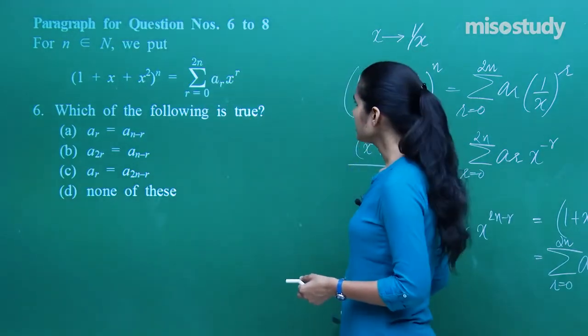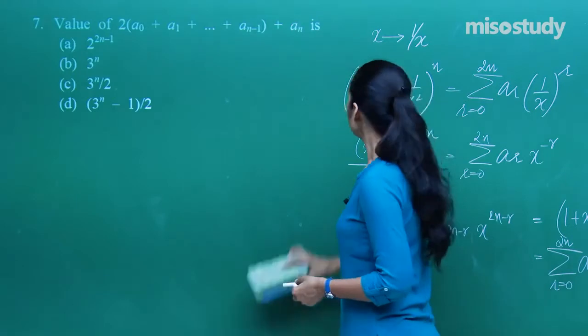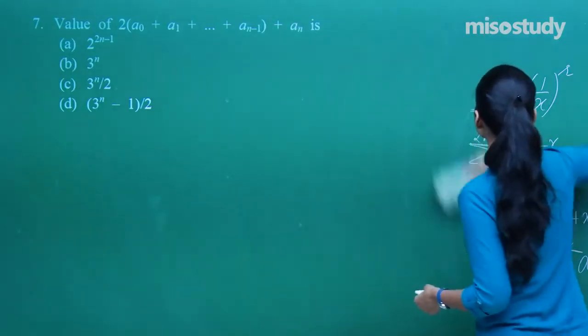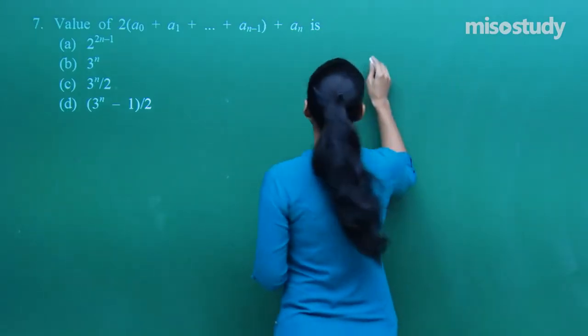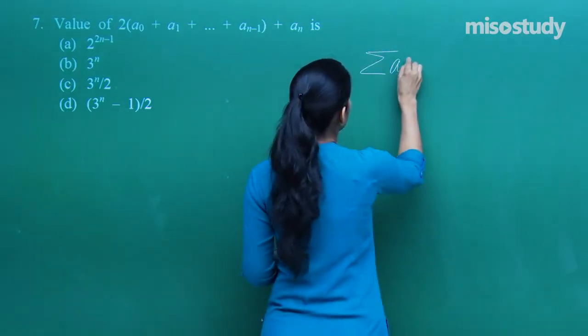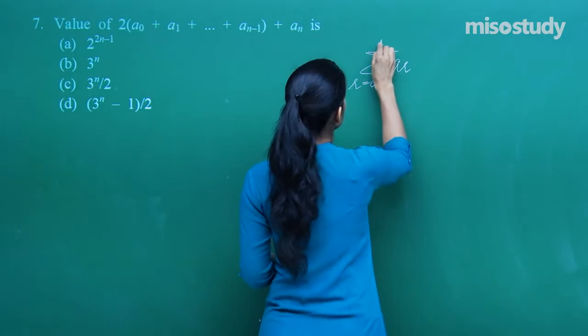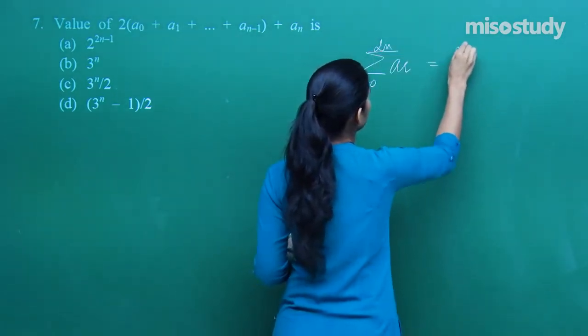So basically, let's write it down, you get summation ar, r going from 0 to 2n equals 3 to the power n.